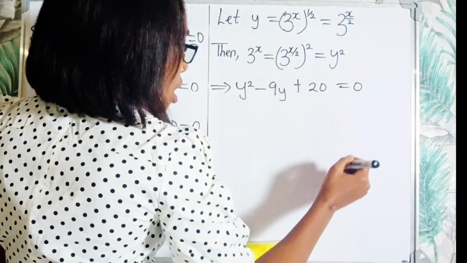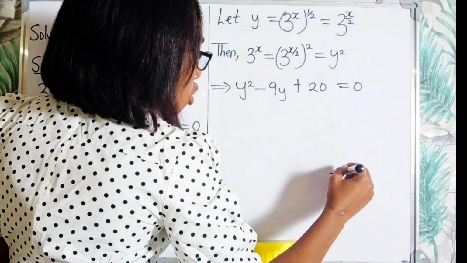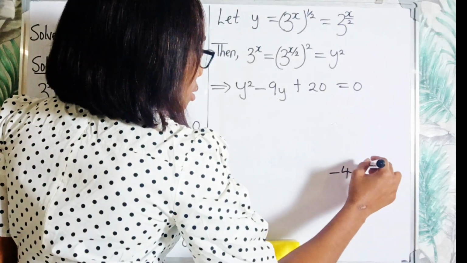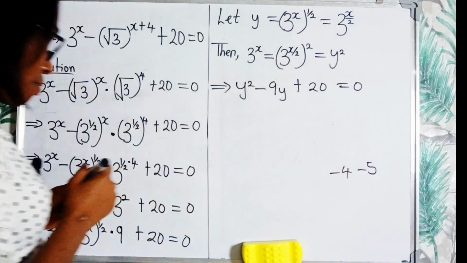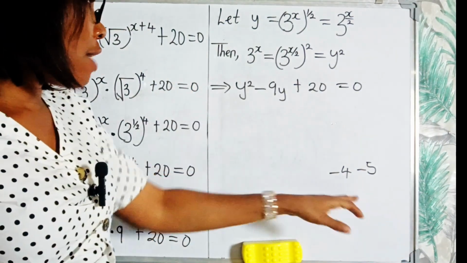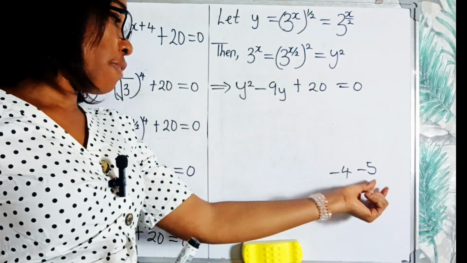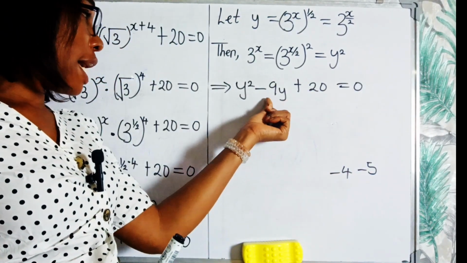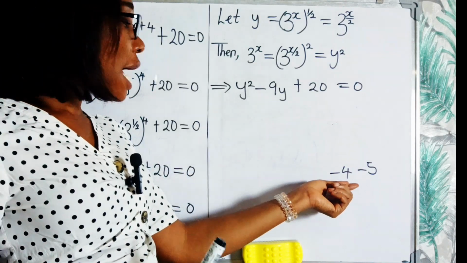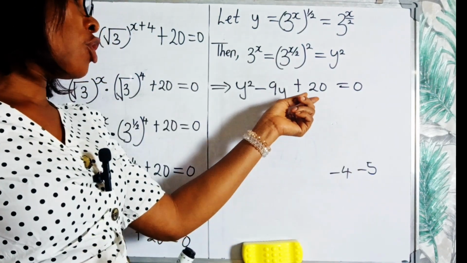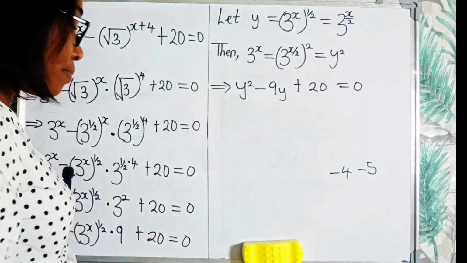So the two factors are minus 4 and minus 5. Minus 4 plus minus 5 gives us minus 9, and minus 4 times minus 5 is plus 20.